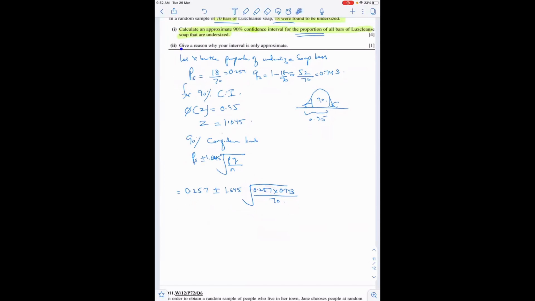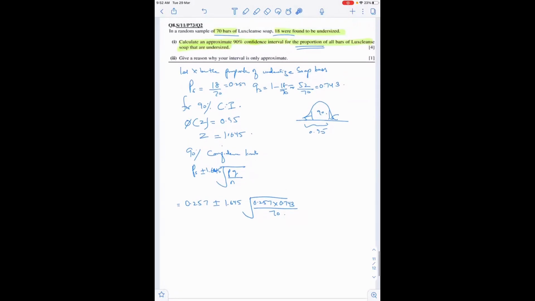Then they're saying give a reason why your interval is only approximate. Because we are 90% sure. This is the probability that the sample proportion will lie within these limits, which is 90% actually.